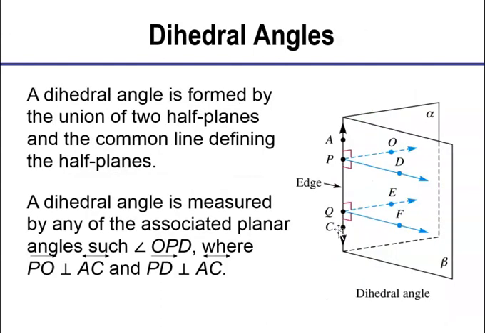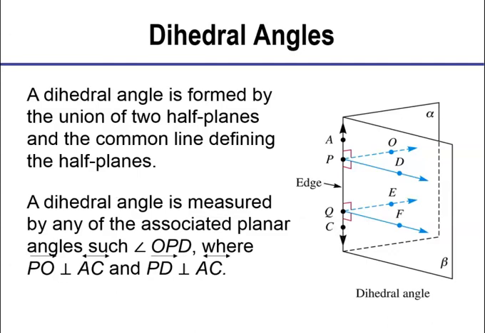And then the last slide I have for you today, dihedral angles. A dihedral angle is formed by the union of two half planes. Remember, half plane really is literally half a plane, and the common line defining the half planes. Okay, so a dihedral angle is measured by any of the associated planar angles, such as angle OPD, where PO is perpendicular to AC and PD is perpendicular to AC.